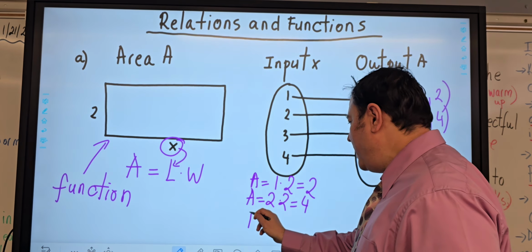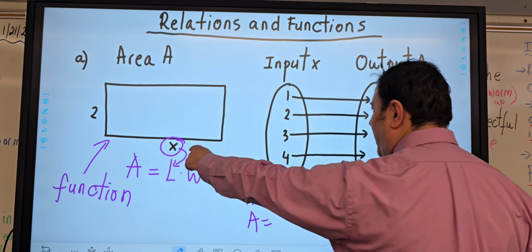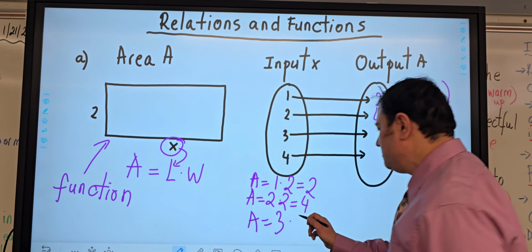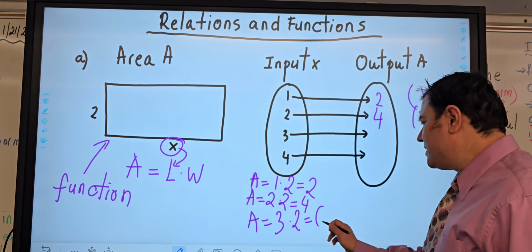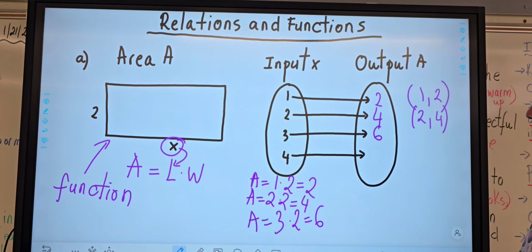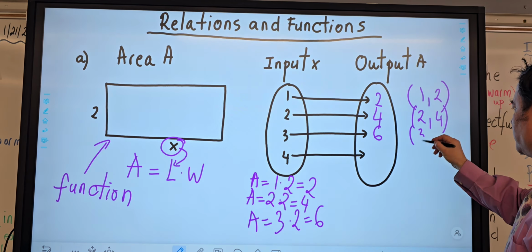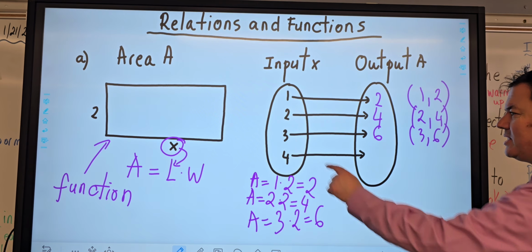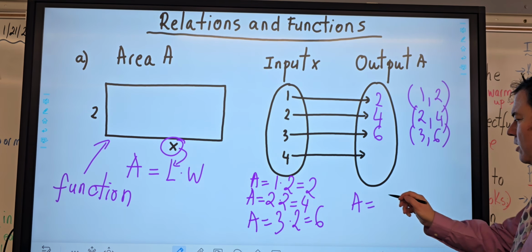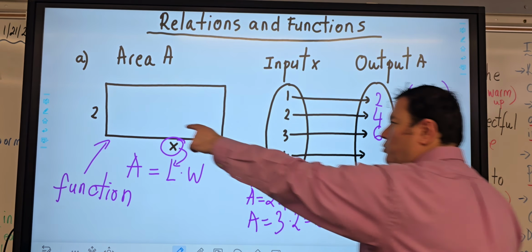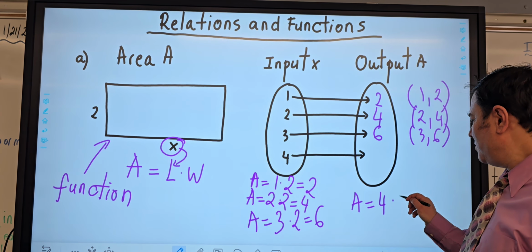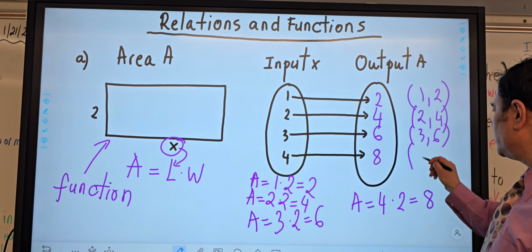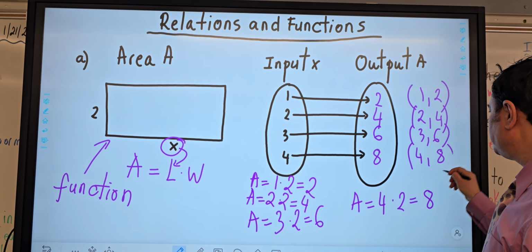So now we have the area equals, instead of x, we are going to put 3. 3 times 2, which is 6. And the ordered pair is 3, 6. And finally, the area equals, instead of x, we are going to put 4. Length times width, which is 2. And 4 times 2 equals 8. So we have 4 and 8.